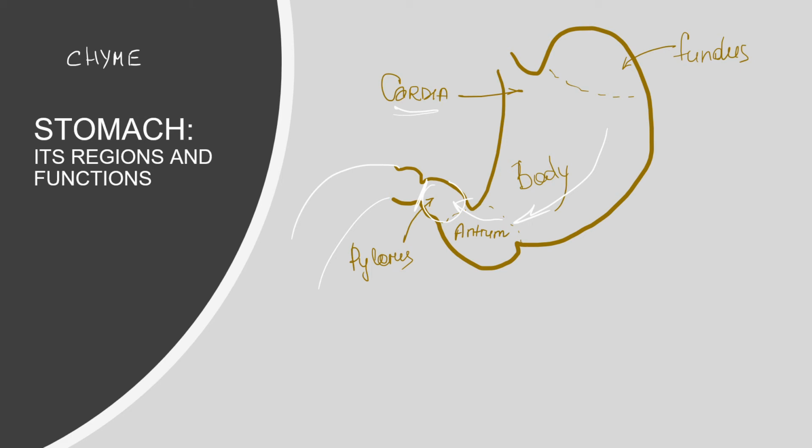There are 2 groups of factors that regulate the rate at which the stomach empties to the duodenum. These are gastric factors and duodenal factors. And gastric factors, like the increased food volume in the stomach, promote its emptying, which is very logical.